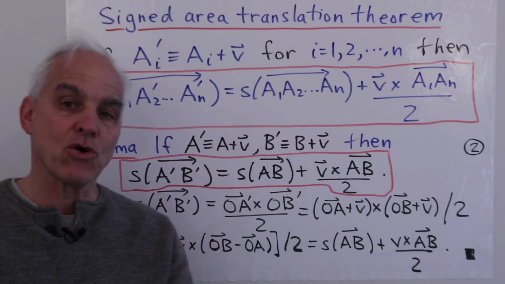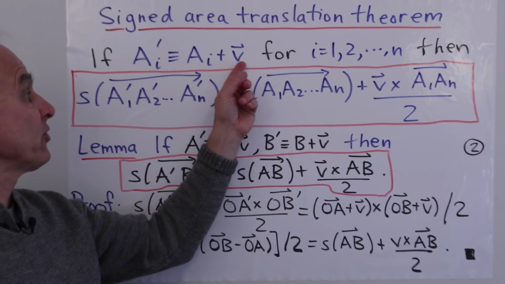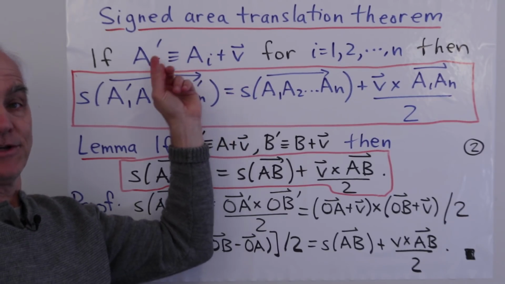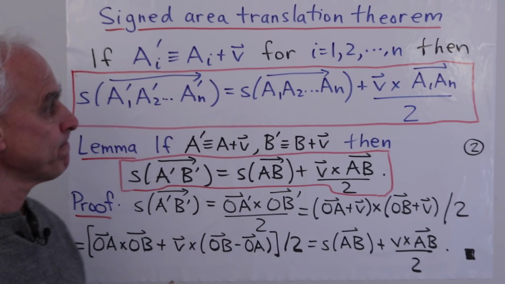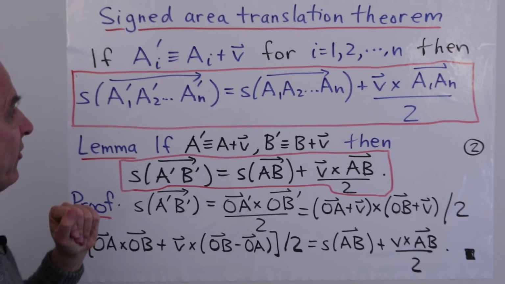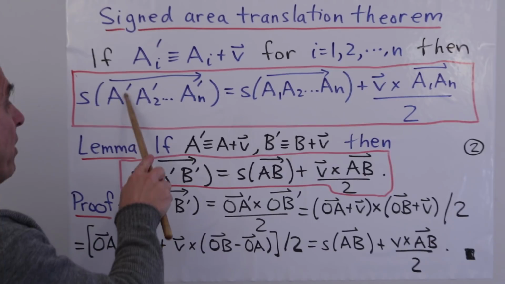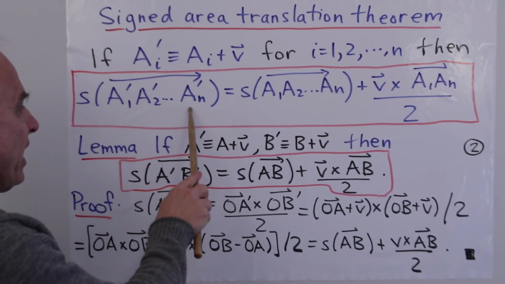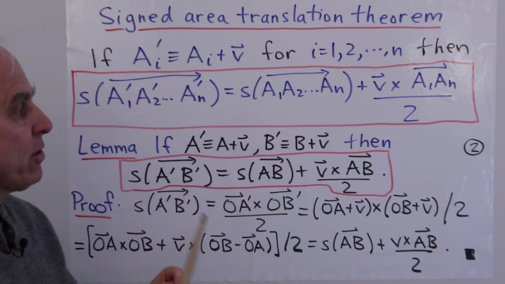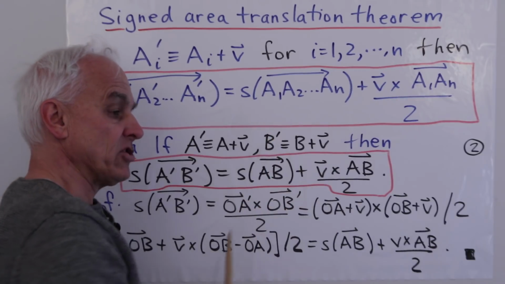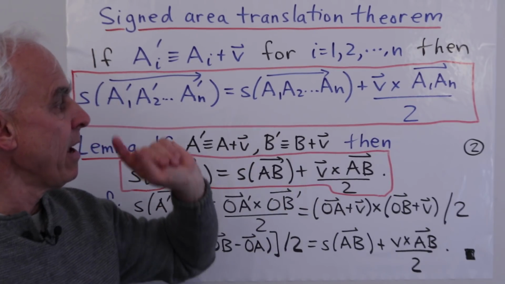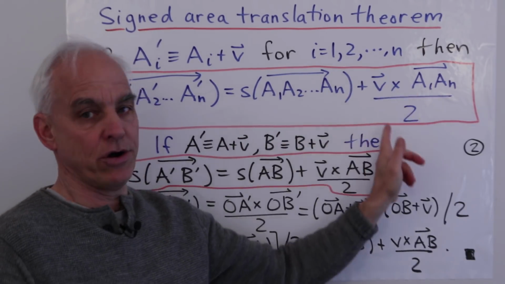And I remind you that in this course we are allowed to add vectors to points to get other points. Then the statement is that the signed area of the oriented spline A1 prime, A2 prime up to AN prime equals the signed area of the spline that we started with, A1, A2 up to AN, plus an additional term.